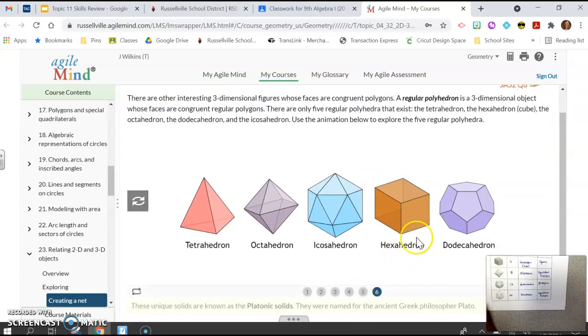All right, so here are the 5 Platonic solids. They were named for the Greek philosopher Plato. That's why they're called Platonic solids. The first part of that is Plato. And this next part, I kind of took out because it really doesn't have a whole lot to do with anything.